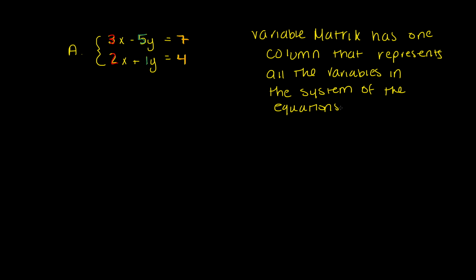The variable matrix is sometimes called a variable vector, so sometimes this is replaced by vector, but it's the same idea.